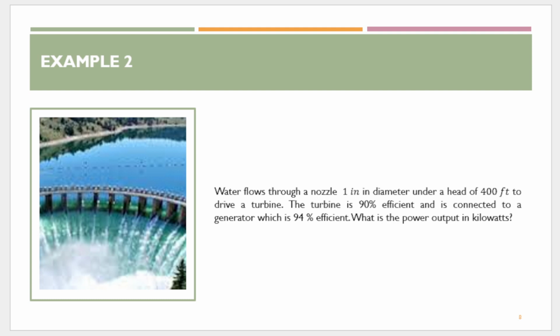Okay. To have this problem answered, we must first understand the concept of power in the area of fluid mechanics. In fluid mechanics, power is gamma times Q times the height.